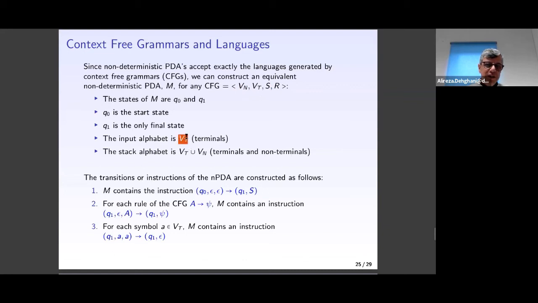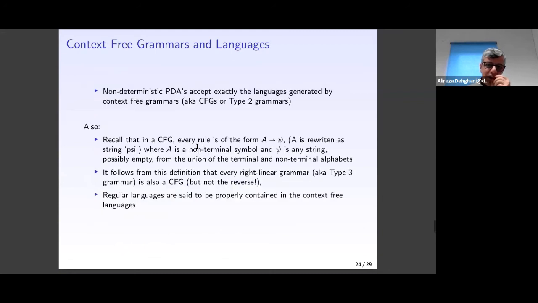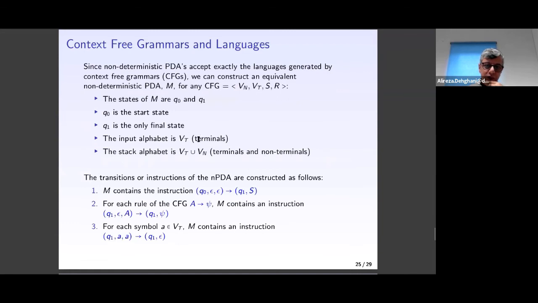Why is it called only the terminals? Because if you remember, in the type 2 grammars, you should have only a capital non-terminal on the left. And that's the reason we talk about these guys in here. And in the stack, you can put the non-terminals and terminals together.